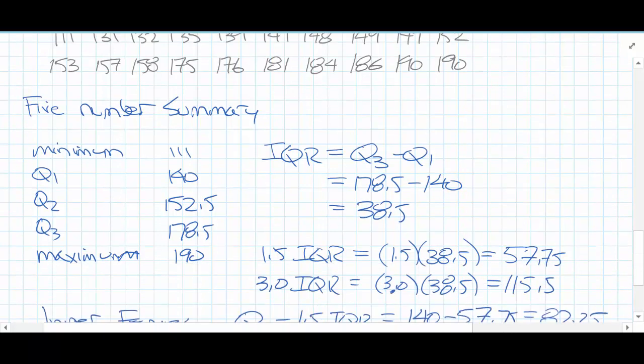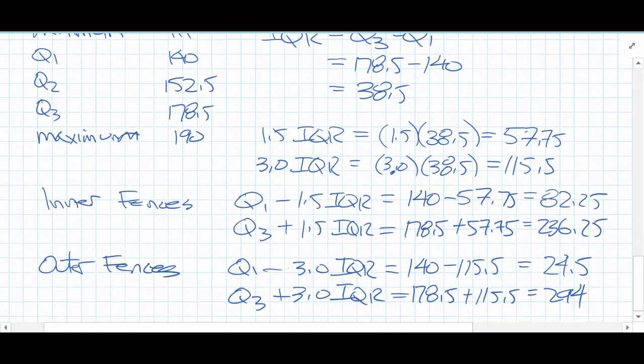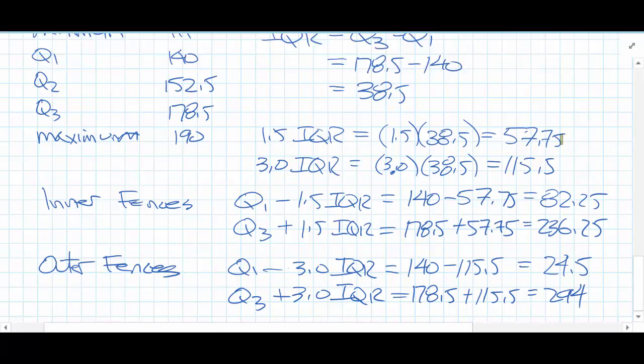I've done some calculations to establish the fences. 1.5 times the interquartile range is 57.75. 3 times the interquartile range is 115.5. So for the inner fences, Q1 minus 1.5 times the interquartile range: Q1 was 140 minus 57.75 is 82.25.